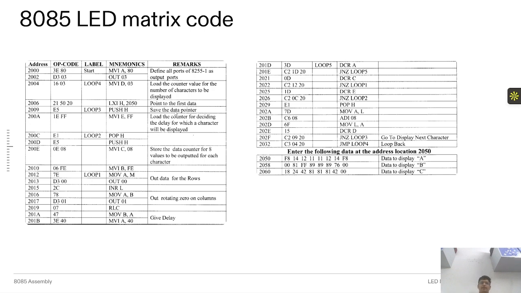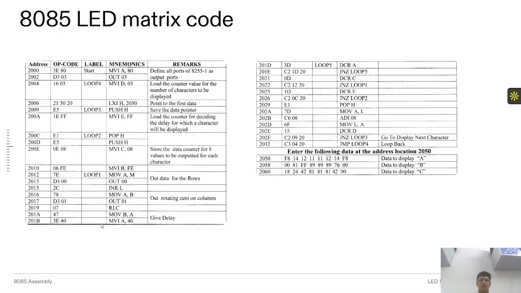Finally, in this set of programming, this controls the output data for the rows. As you can see, it is based on two things, rows and columns. This part is for the rows, and this is rotating zeros on the column patterns. And this part is used to give a delay in the code.